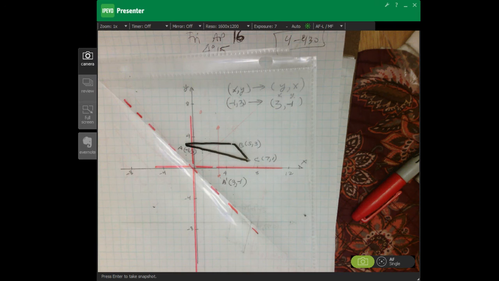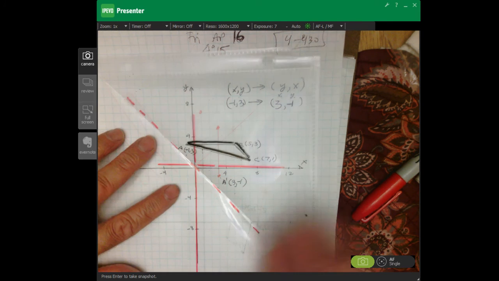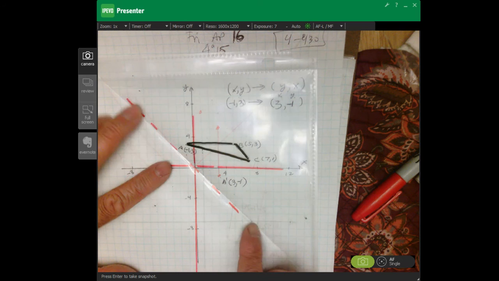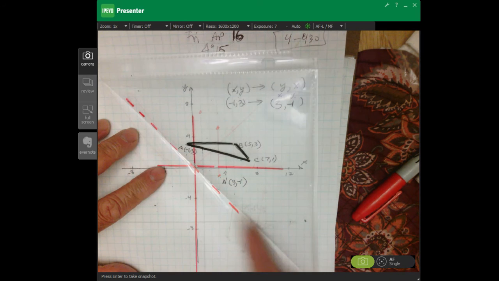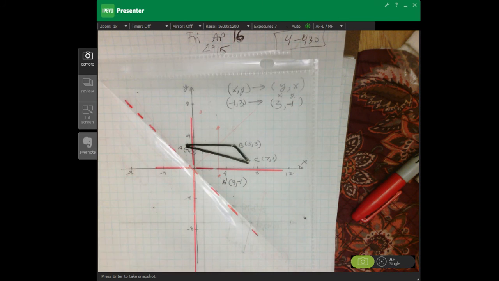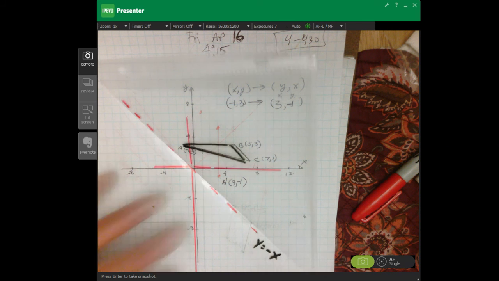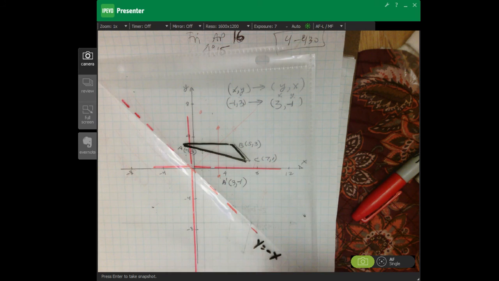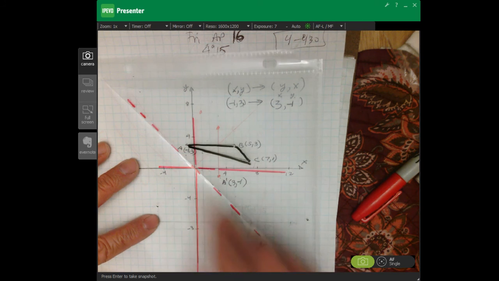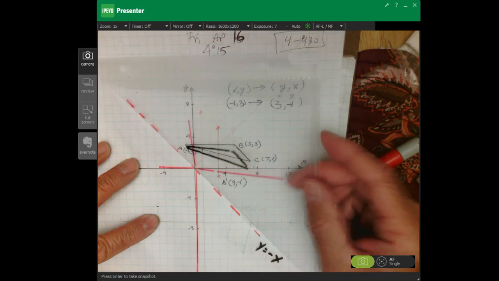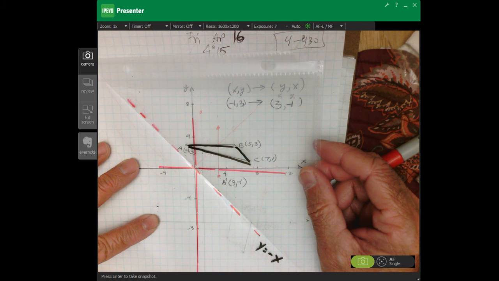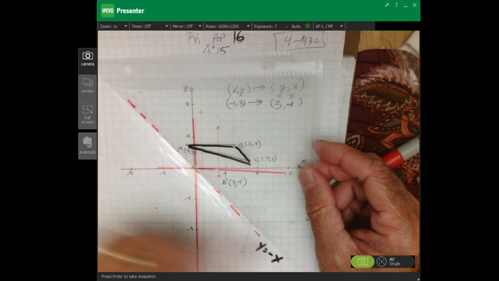So just like before, we want to fold that across the line. Now this time, the line y equals -x is going down to the right. So this is the same idea. All we're going to do is fold it.